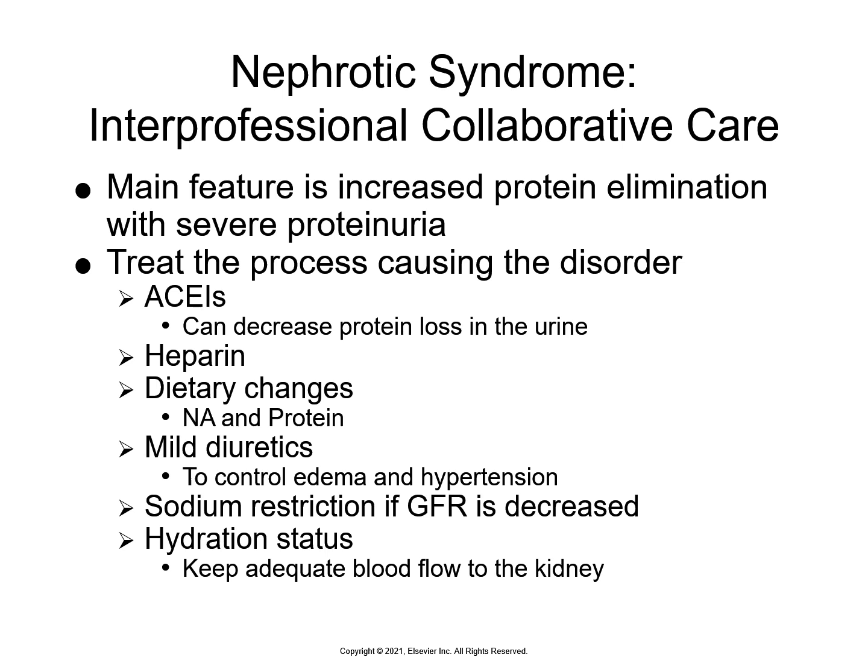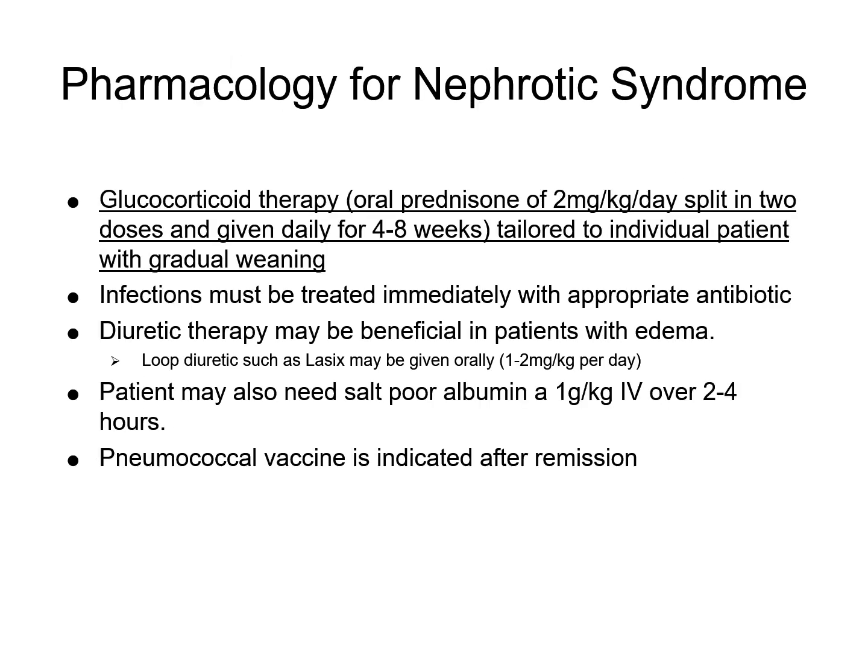Why do they get heparin? They get heparin because it can help reduce those vascular defects, and it can actually improve the kidney function. What is our pharmacology for nephrotic syndrome? Good old glucocorticoid therapy.